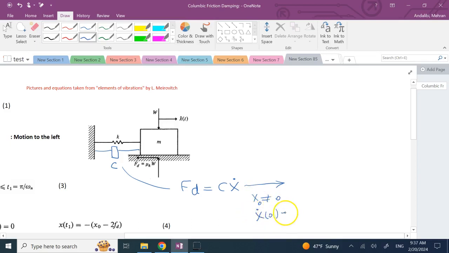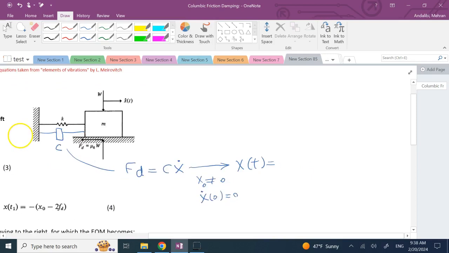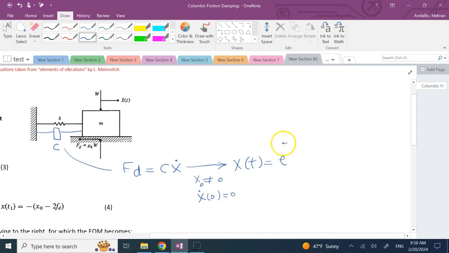So releasing it from rest from a non-zero initial condition, x of t is basically a negative exponential term like this times sine of omega d t plus some phi, right?